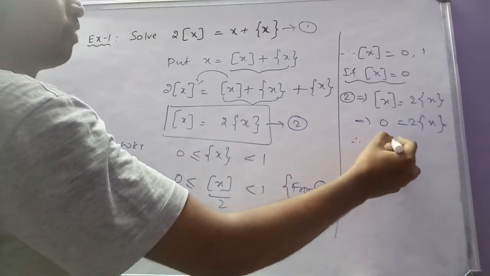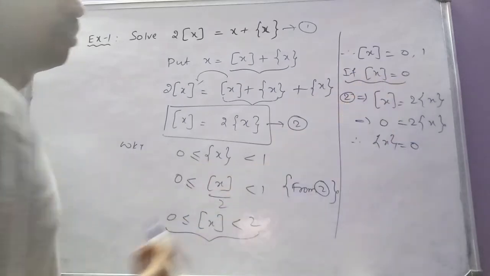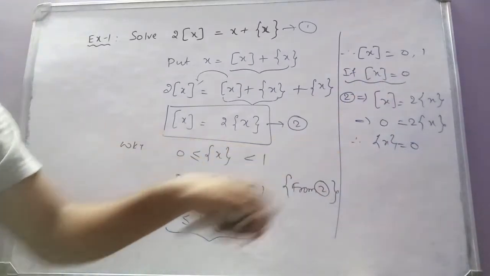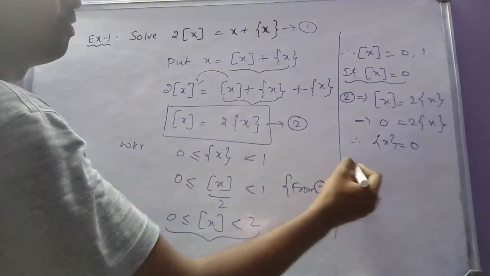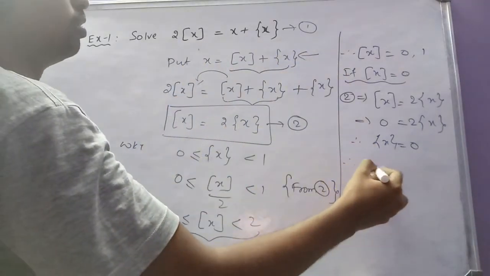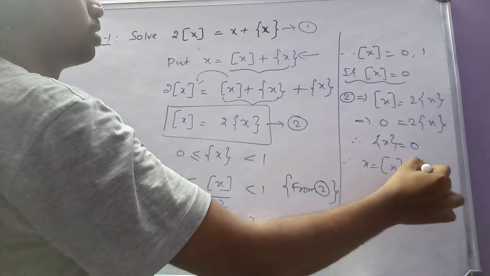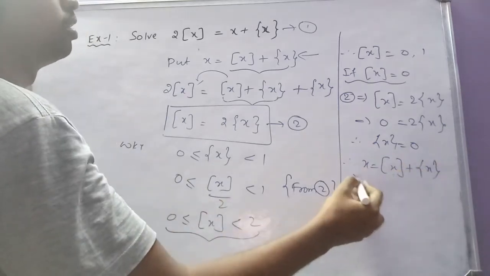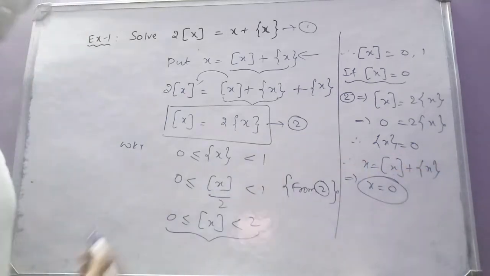Therefore, fractional part of x is also equal to 0. If floor of x is 0, then fractional part of x is also 0. And what is the value of x now? x is equal to floor of x plus fractional part of x, that means 0 plus 0. Therefore, x is equal to 0. This is the first solution of this equation. x is equal to 0.